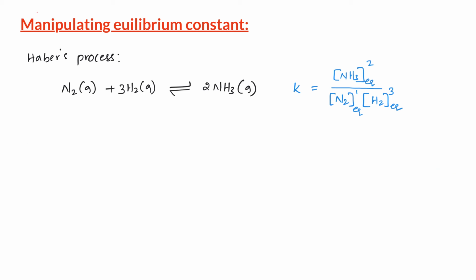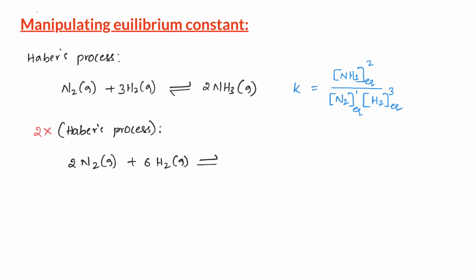Next, let us multiply the equation for Haber's process by a number 2 and then write its equilibrium constant expression. 2 moles of nitrogen react with 6 moles of hydrogen to form 4 moles of ammonia. Next, let us write its equilibrium constant expression.